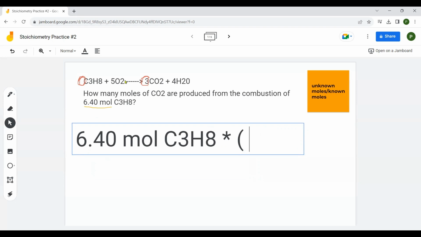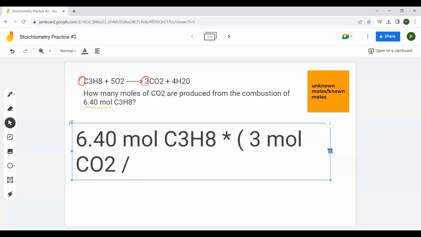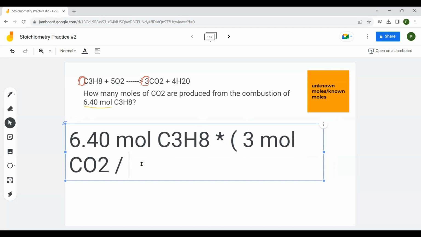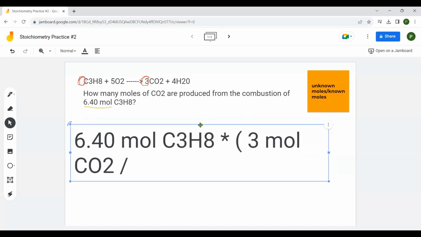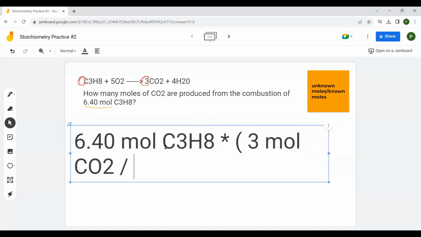In our ratio, it's 3 to 1, so we're going to put 3 mole of CO2. On the bottom of that ratio, we're going to put our known moles. In this equation, we know how many moles of C3H8 we're ending up with, so that's going to go on the bottom. In the ratio, it is again 3 to 1, so we're going to put 1 mole of C3H8.